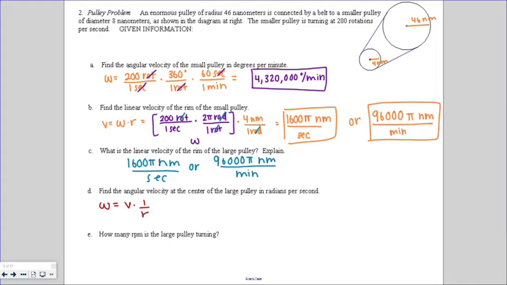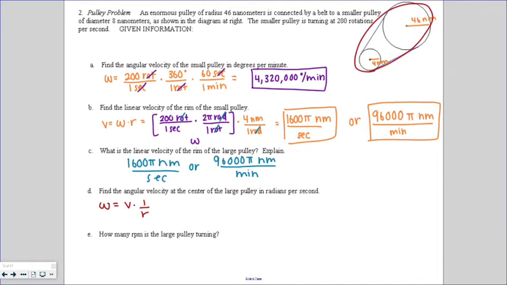When we're finding the angular velocity, remember that on a concentric circle system, if we were to just look at this gear by itself, no matter where we're sitting on the gear, the angular velocity is the same. What we're given, the only thing we know about the two gears, is that the linear velocity on the outer rim of those gears is the same.